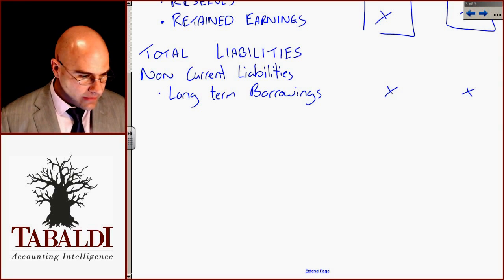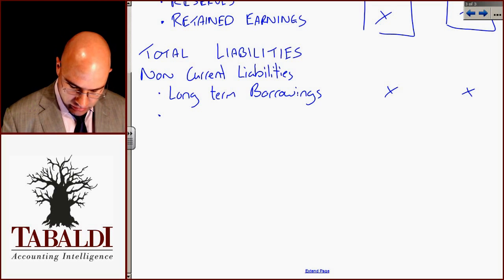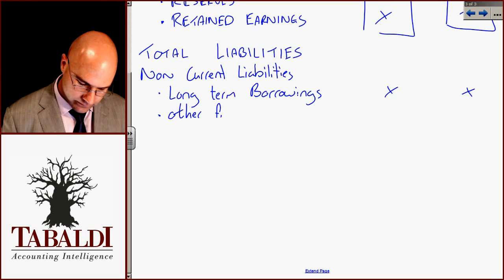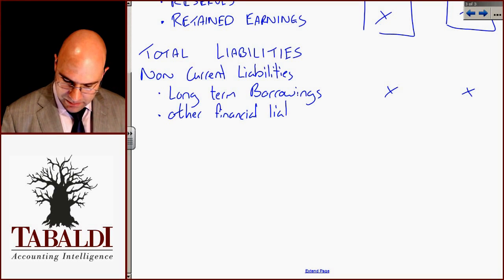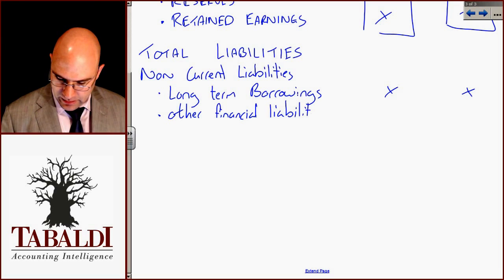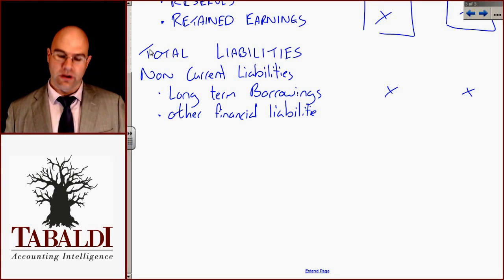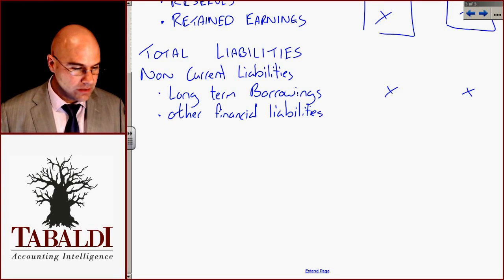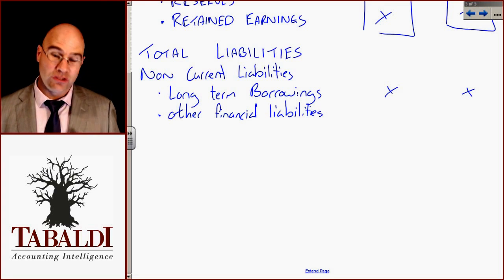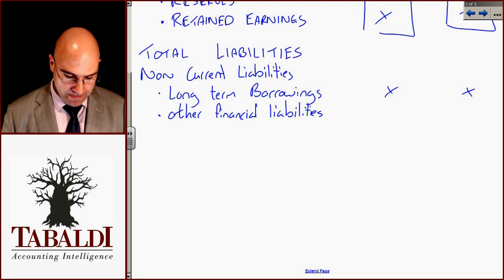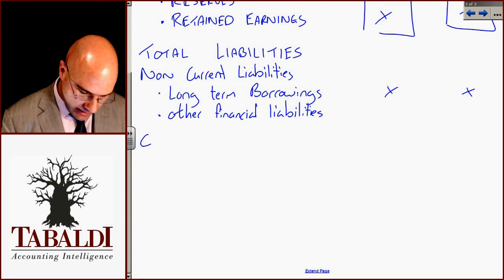Okay, on top of that, there will also be other financial liabilities. Okay, the long-term liabilities are technically long-term borrowings. Okay, next up, we also might have long-term provisions, etc., but we'll leave it there. Then I'm going to have current liabilities.